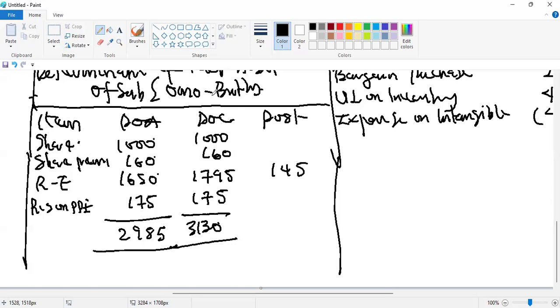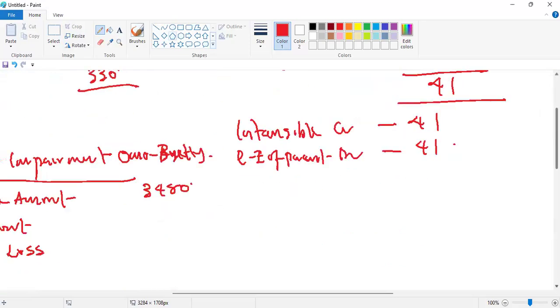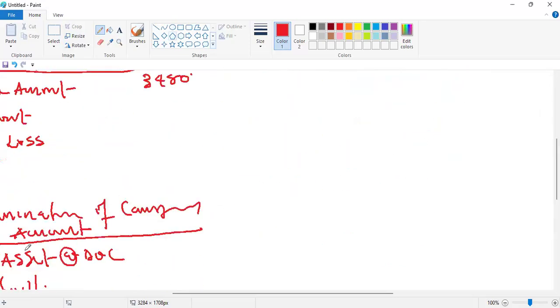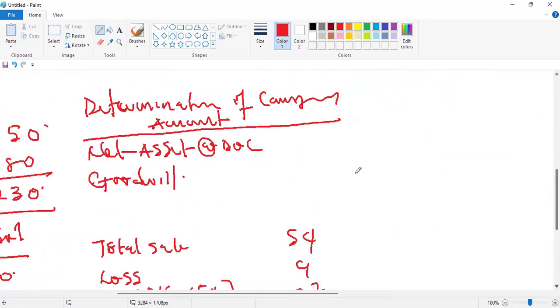I'm using a calculator here, my phone. So that will now give me the net asset at DOC to determine the carrying amount, whether it's impaired or not. What is the net asset at DOC? 3130.